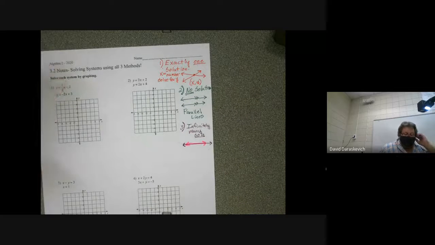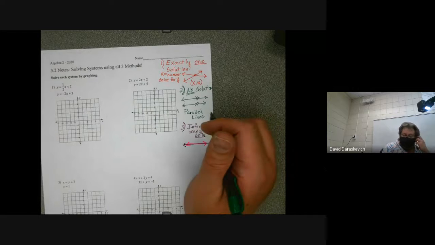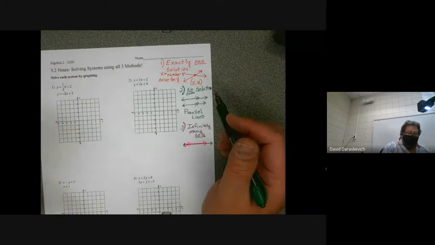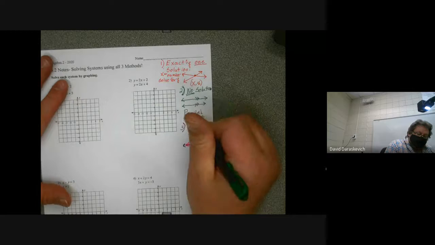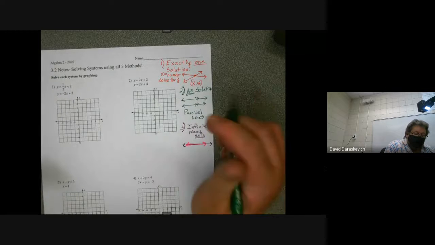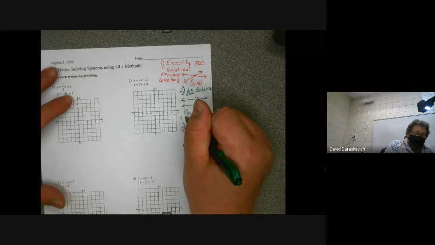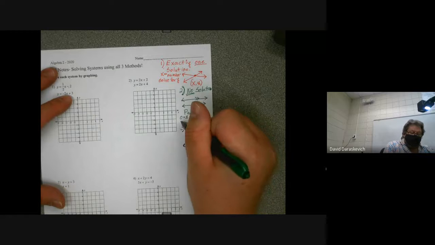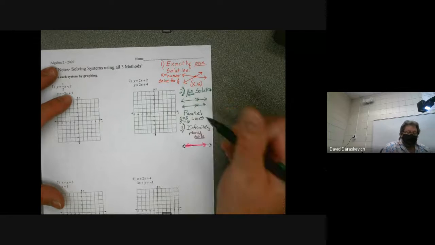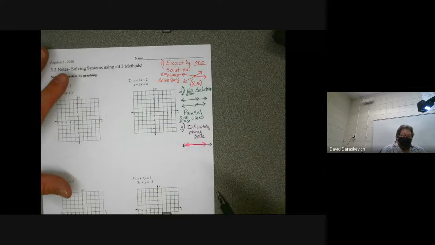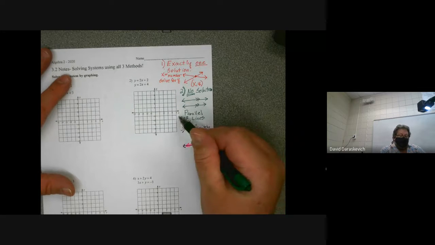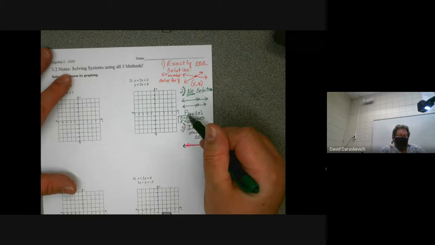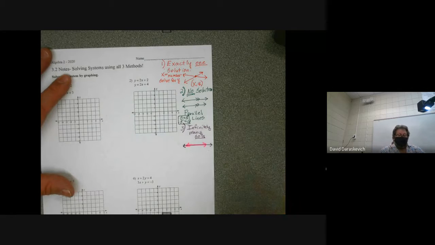When you get no solution, when you do it algebraically, you're going to get an untrue statement, like 0 equals 3 or 5 equals 6, something that's not true. Okay, this is the algebraic. Then, if it's not true, you know that you have parallel lines.